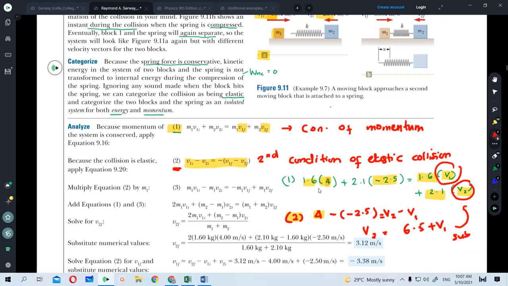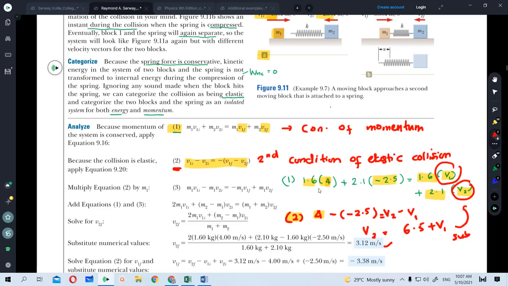You will arrive at the answer of 3.12. When you figure out V1, substitute 3.12 into equation 1 or equation 2. Either way, you will arrive at negative 3.38.